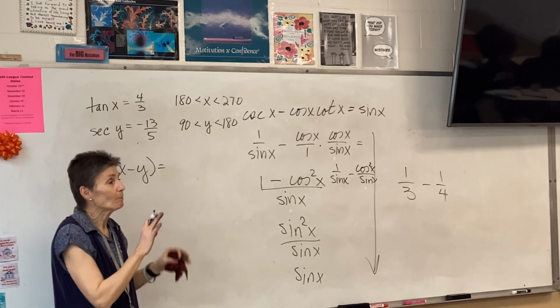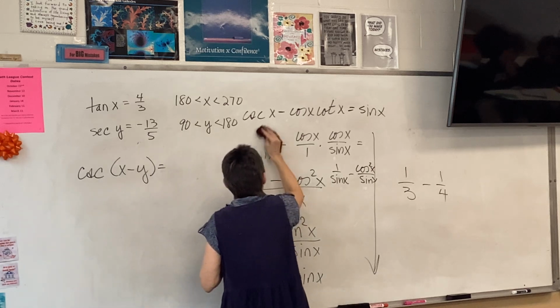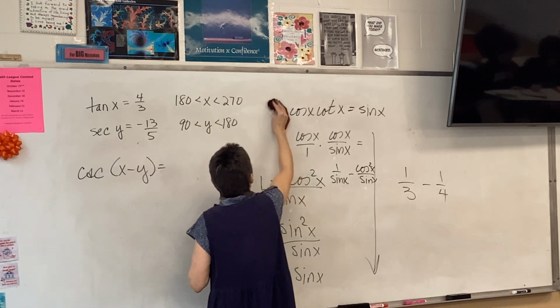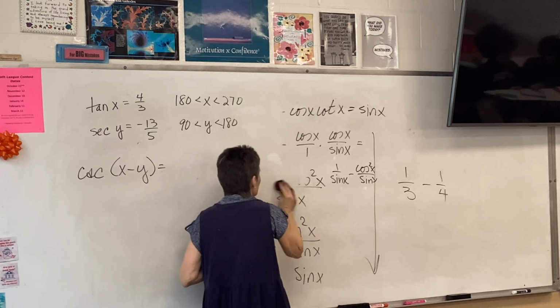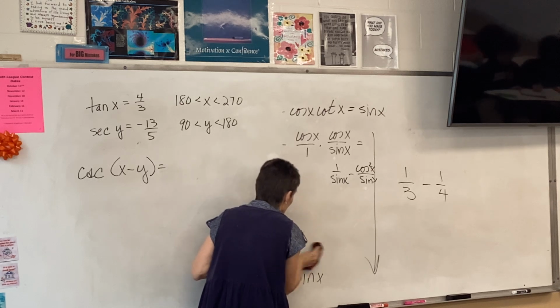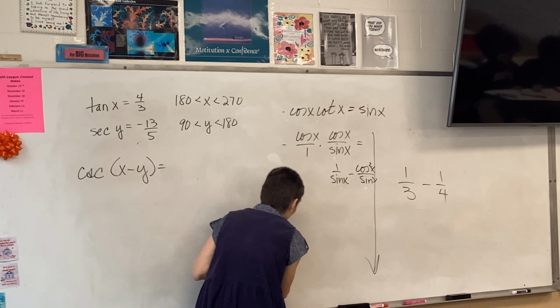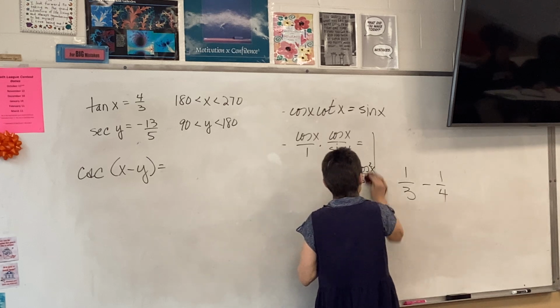Okay, here we go. Now, there's a couple of things going on here. There's actually a lot going on in this problem. First of all, on your sheet, you do not see a cosecant formula. So, we do have a sine formula.